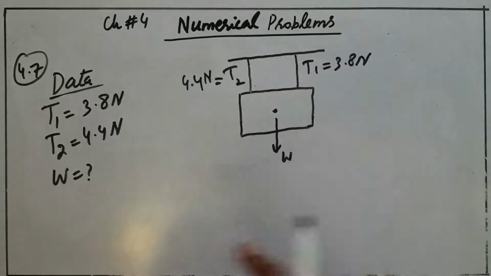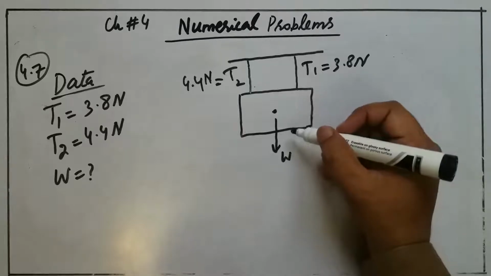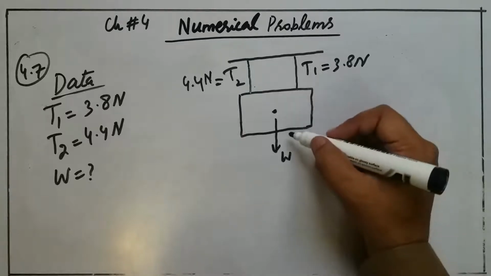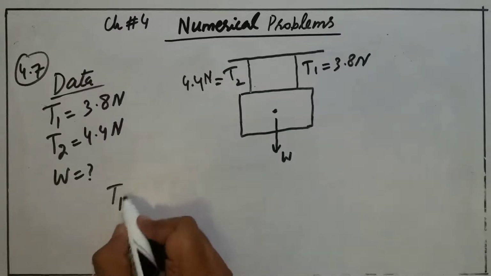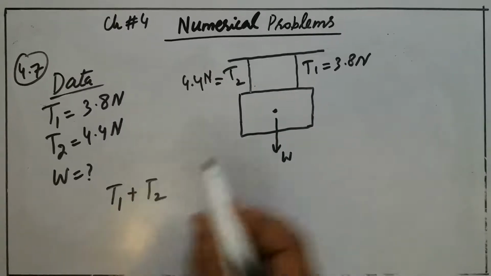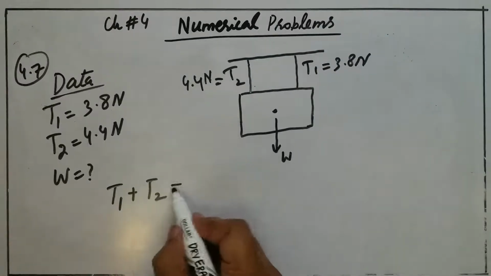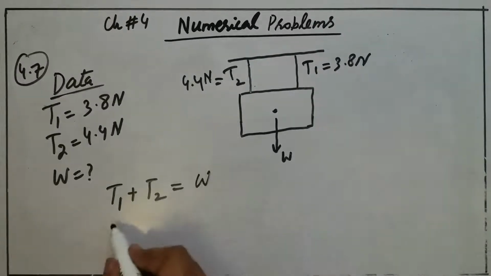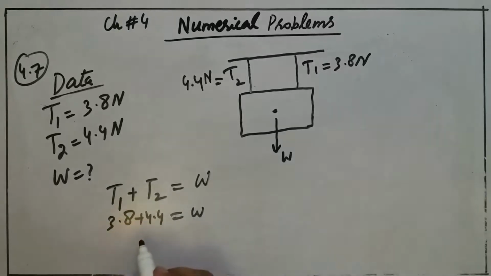The sum of these two tensions is going to be equal to the weight of the frame that is acting vertically downward. So we have to add tension 1 plus tension 2 that is acting upward, and the downward force is going to be equal to the weight of the body. So 3.8 plus 4.4 is going to be 8.2 Newton.